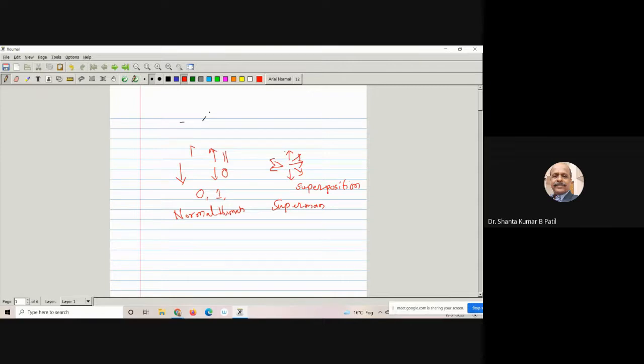Because of this superposition, quantum bits are available instead of the binary bit. Maybe it is available like this: 1011 00. Here in the binary, maximum you can have 0 or 1.